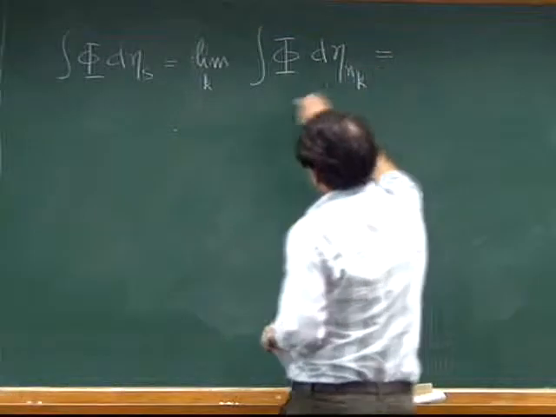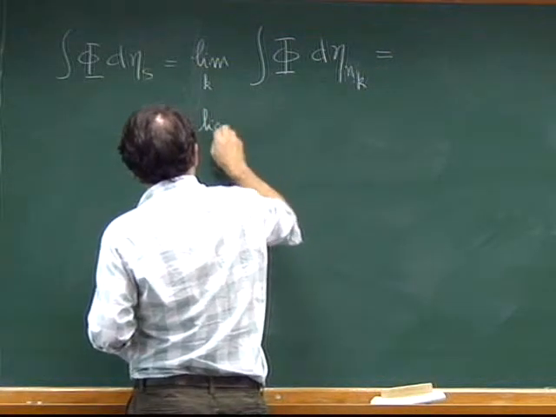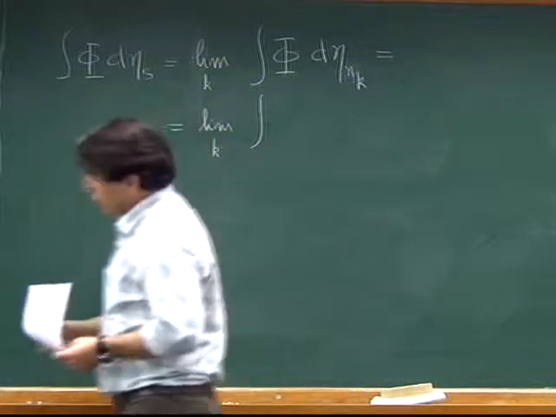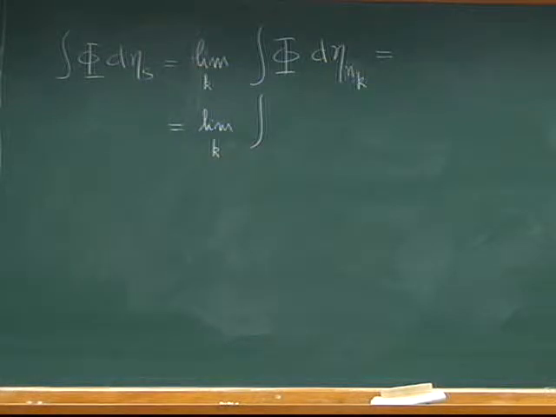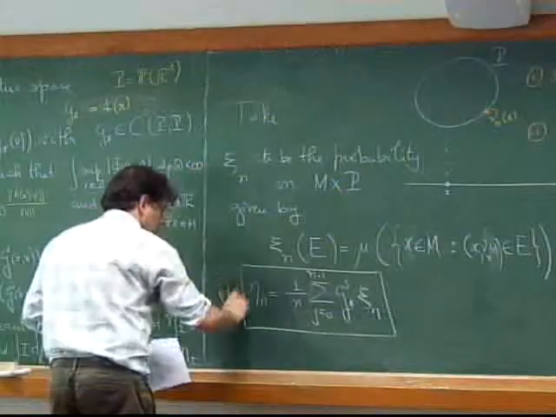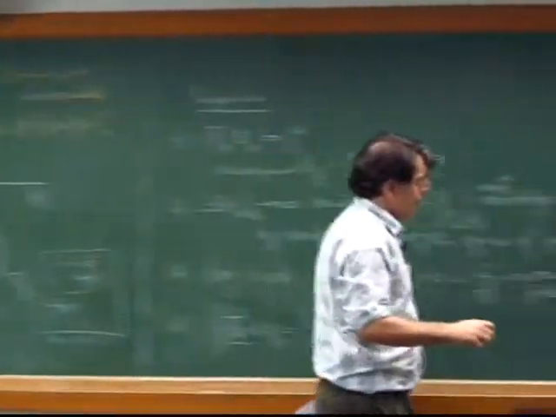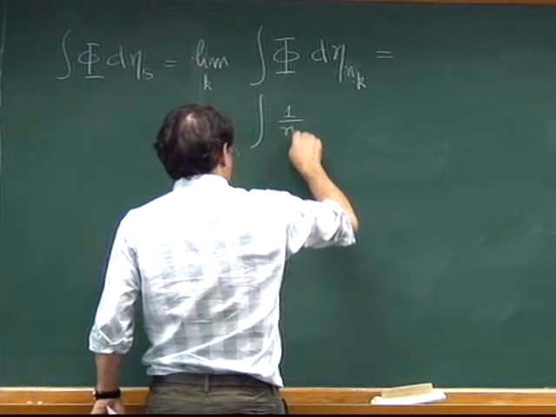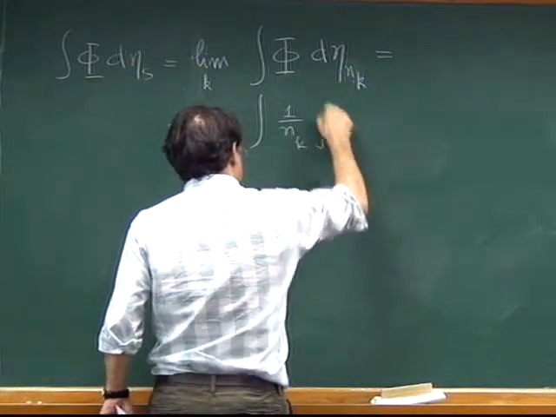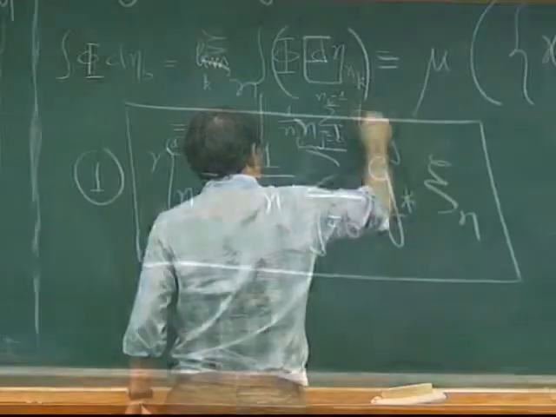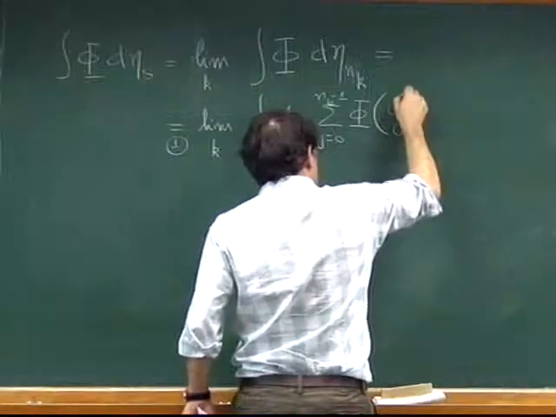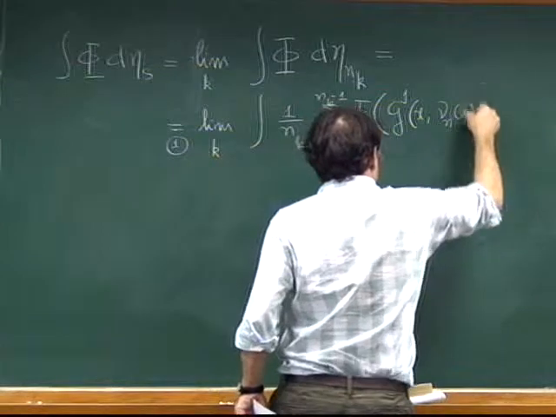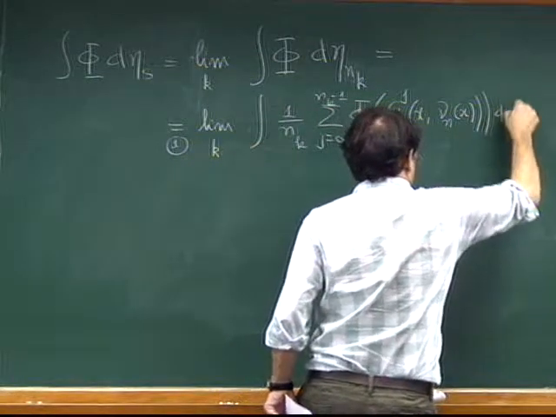Now this is the same as the limit as k goes to infinity of, I'm going to use the formula for eta n, this formula here. Using this formula, this expression becomes 1 over nk, sum for j from 0 to nk minus 1, phi of g j x nu n of x d mu of x.